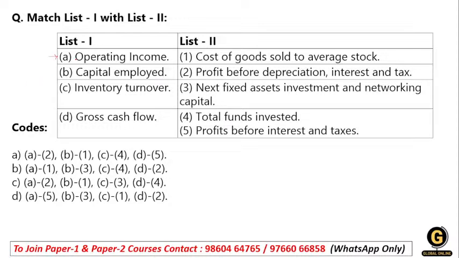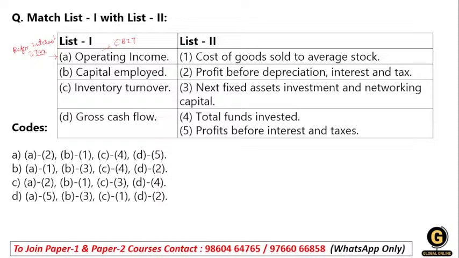Operating income is the income of the company before interest and taxes. This is nothing but your EBIT, earnings before interest and tax.